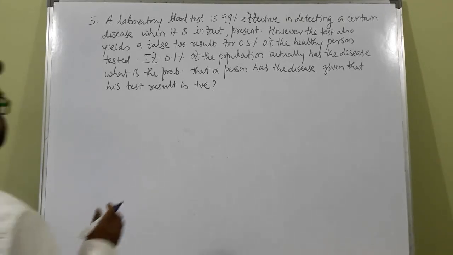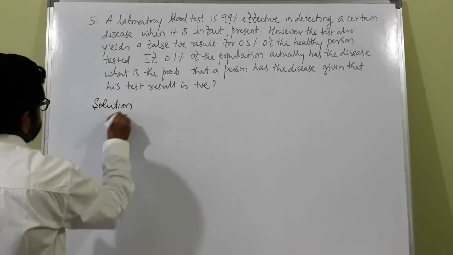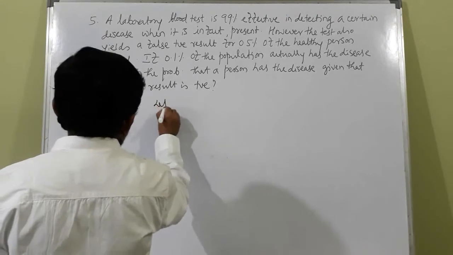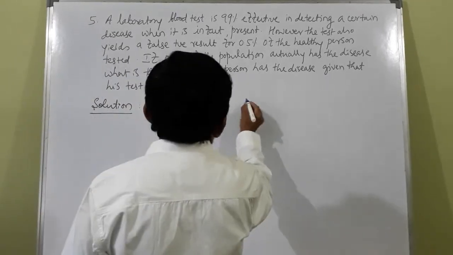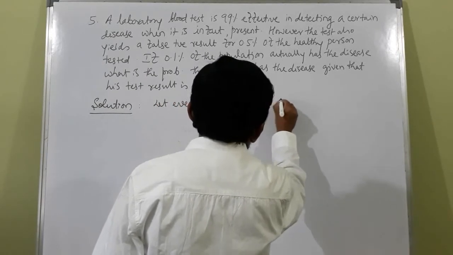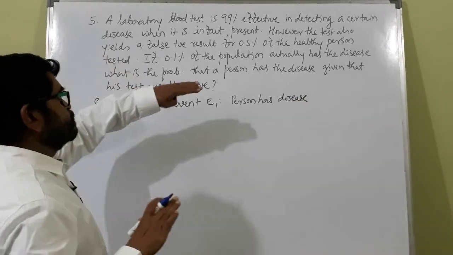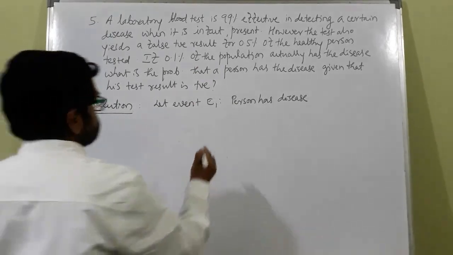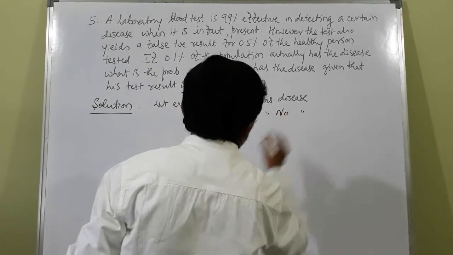How to solve this? Solution is: let event E1 be that a person has the disease. Okay, the sample space is classified into two types: person with disease, person has no disease.